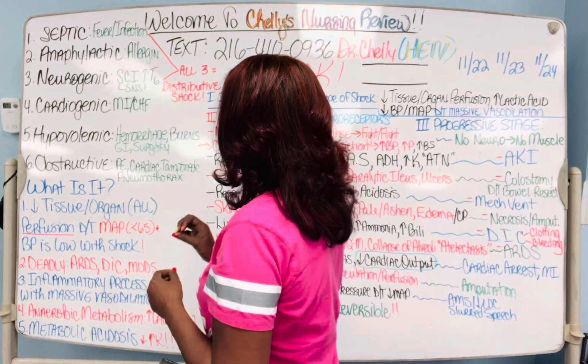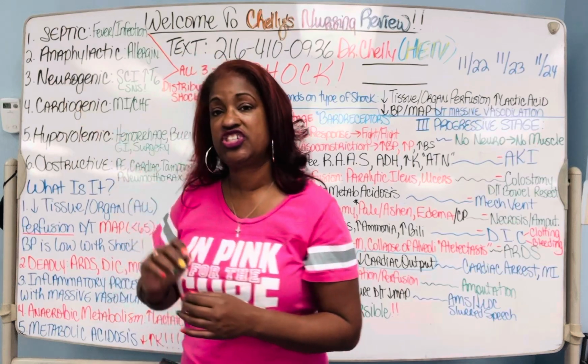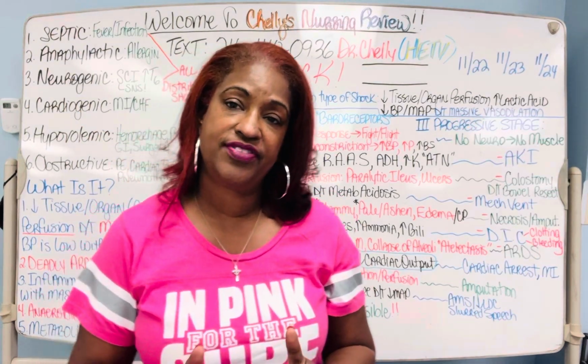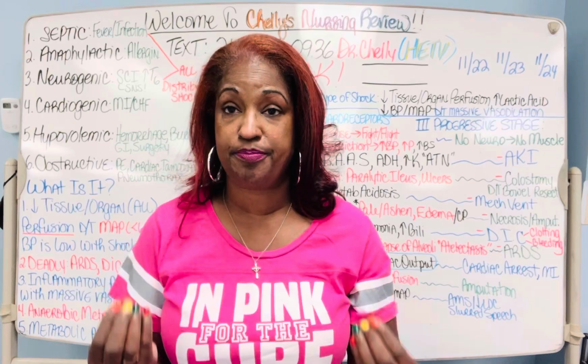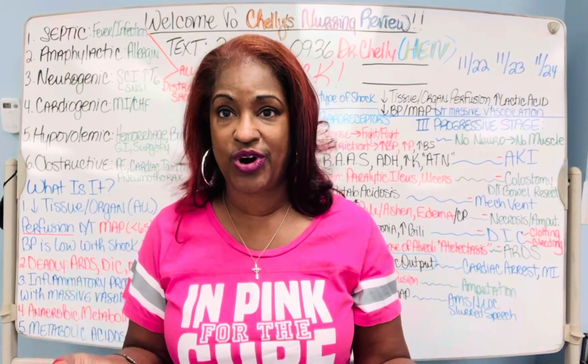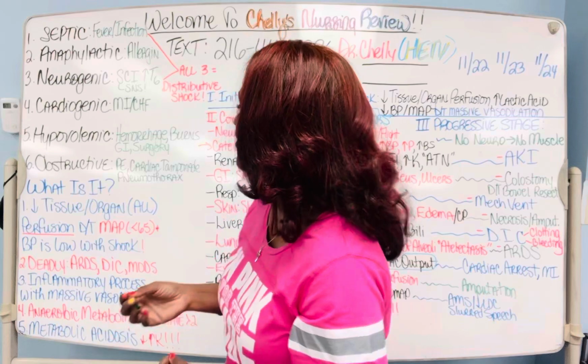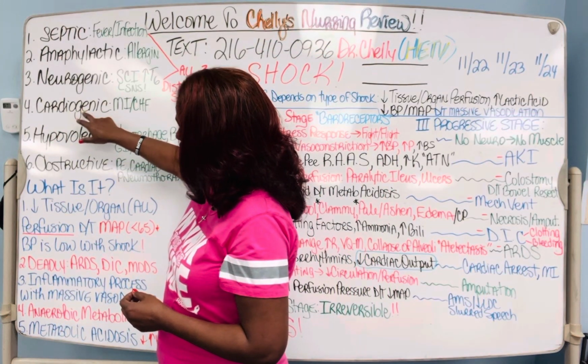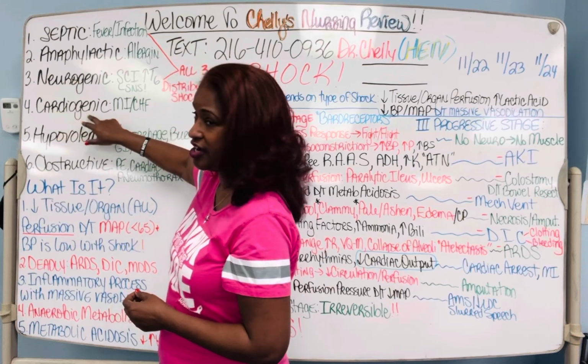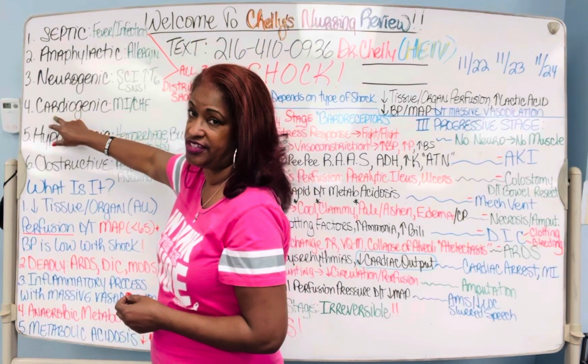The next shock is cardiogenic shock. I find that this is the easiest shock for students because if they just remember to look at the word like I taught you, and that is cardiogen, whatever this is being generated, or this generates whatever this is.